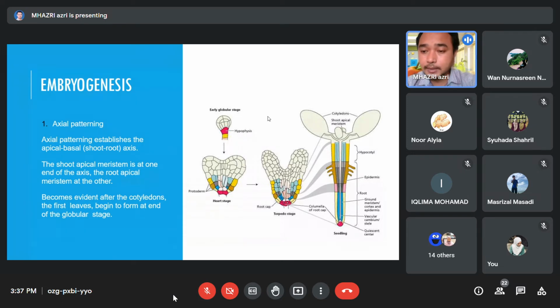But for plants, if that organ becomes detached from the tree or becomes injured, these cells can grow and produce the same cells.